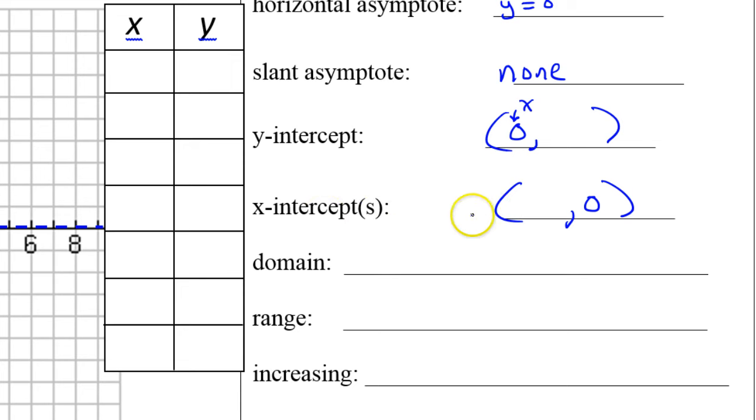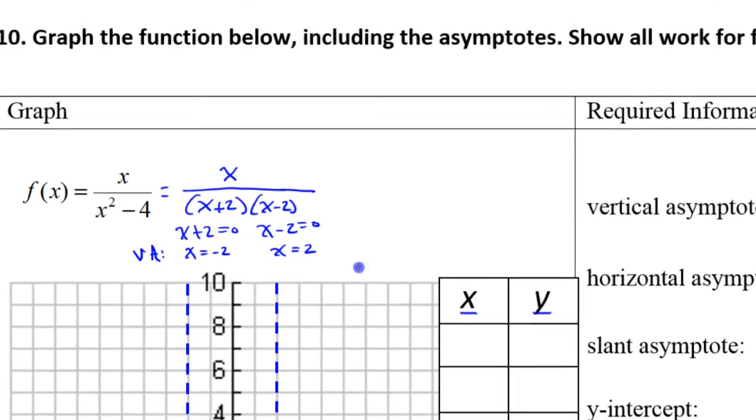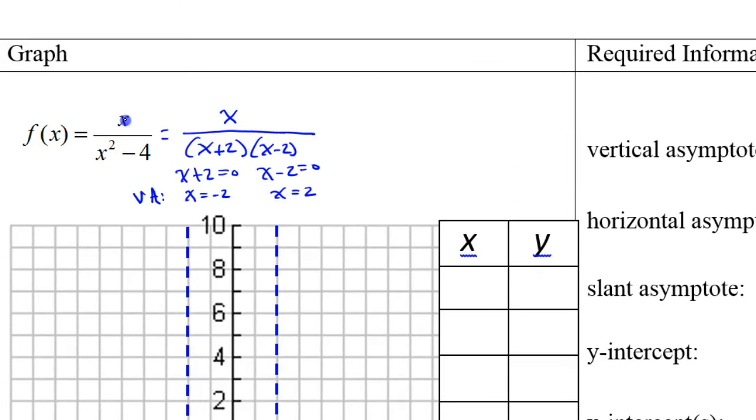If you want to find the x-intercept, let y be 0. Okay, so let's do that. So if I want to find the y-intercept, I'm going to let x be 0. So looking back at the equation, that means put in 0 for these x's.